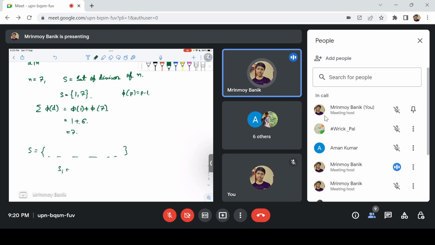So what is S_i? S_i is defined to be the subset of S containing numbers with exactly i as common factor with n.